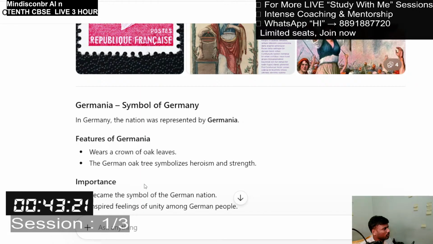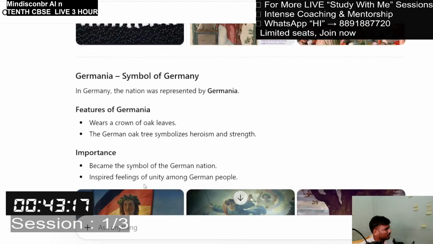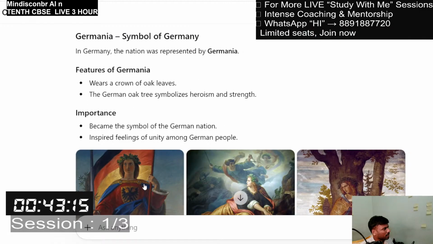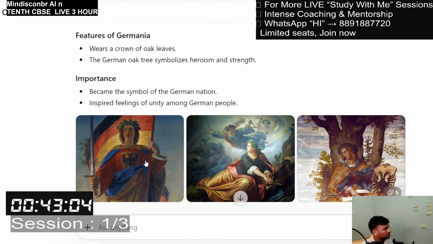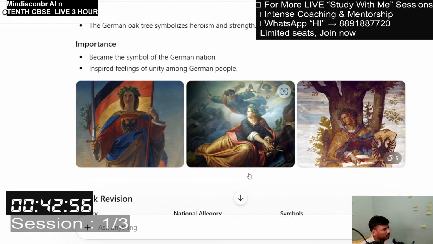She became the symbol of the German nation, inspiring feelings of unity among German people. So this is the figure of Germania. She wears a crown of oak leaves because in Germany the oak tree symbolizes heroism and strength.